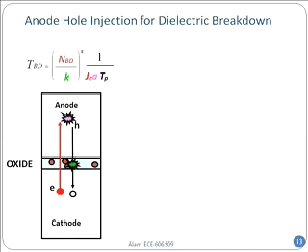And alpha, or A, is the number of electron hole pairs that were generated per injected electron. And then Tp is the transmission probability of the holes for coming back. So if you have more holes, then your lifetime will be shorter, right? That's all I'm trying to say. And NBD is the number of defects that you need to create a short circuit between source and drain. So that's the calculation one does.